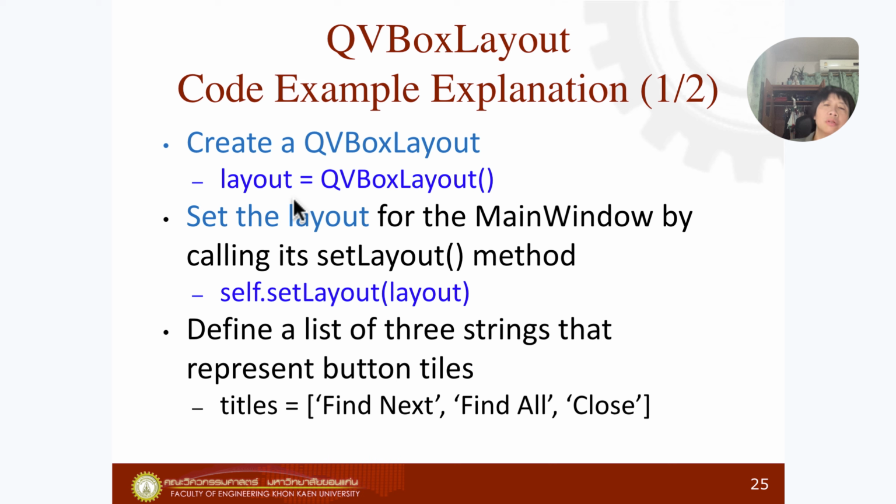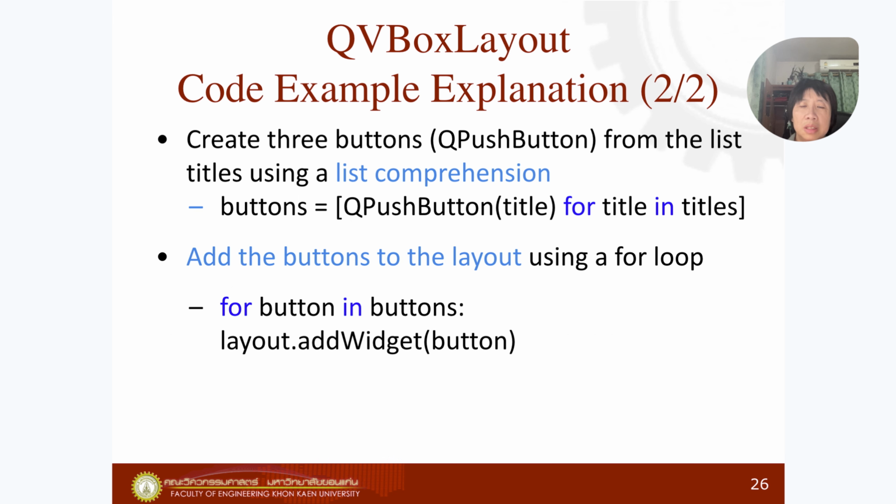When we say layout equals QVBoxLayout, this will create the layout object, and then we can call the method setLayout for the layout that we created, and define a list of three strings that represent button types, and then create three buttons from the list of titles using a list comprehension. So these buttons are a list of three QPushButton for title in the list of titles. And next, we add each button to the layout.